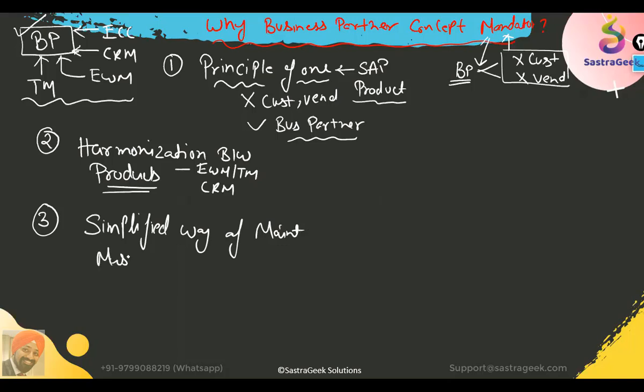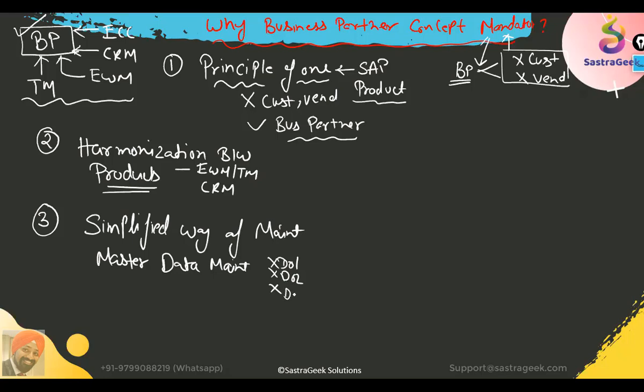Another reason is simplifying the way of master data maintenance. Right now, if we want to maintain a customer and vendor master data, we have multiple transactions: XD01, display, change, maintain at the company code level, at the purchase org level, sales org level, generic client level data.